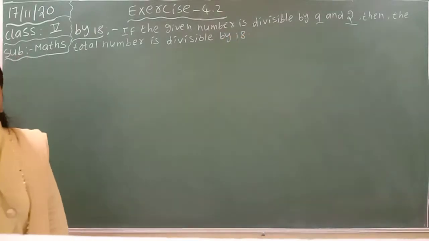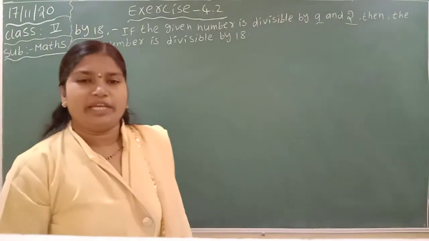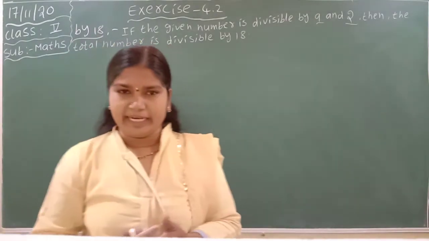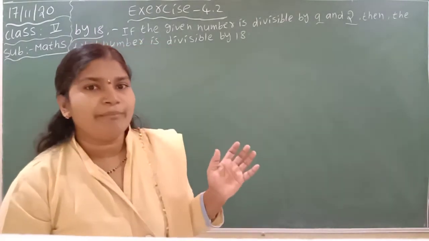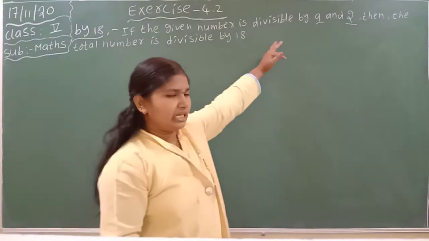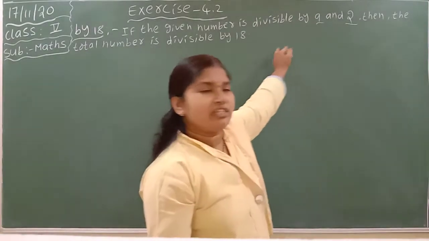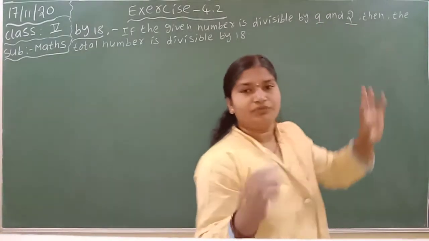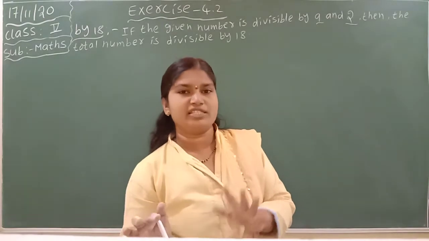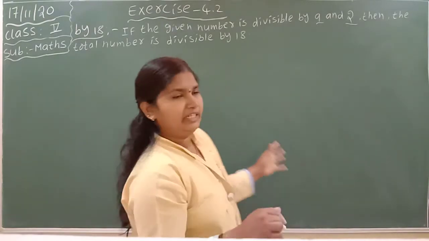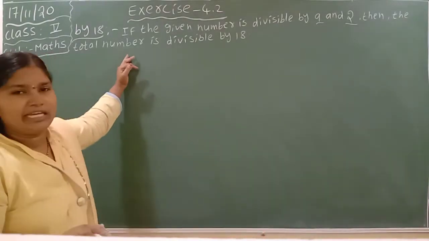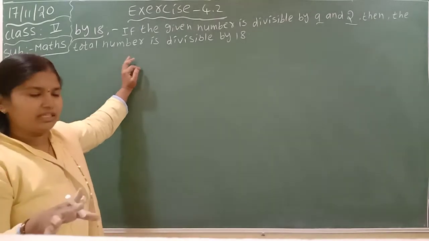What do you mean by divisible by 18, children? If the given number is divisible by the 9 table as well as the 2 table, then only the total number is divisible by 18. Then you can say directly without doing actual division.